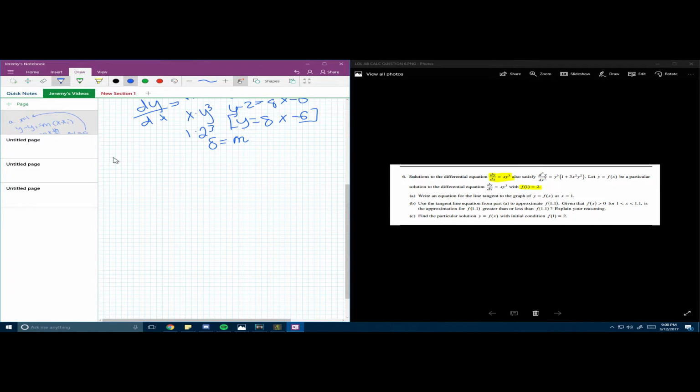Now question B is asking us to use that equation we just got to find the approximation at x equals 1.1 and find y.